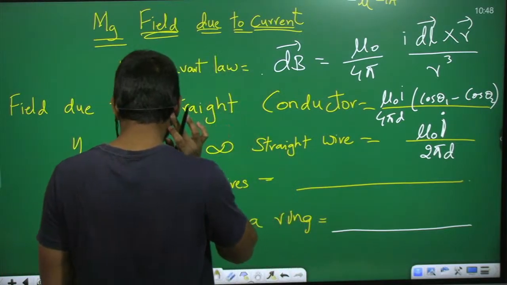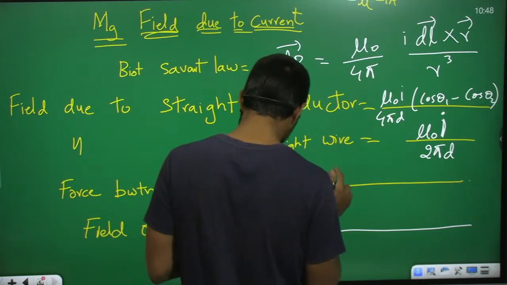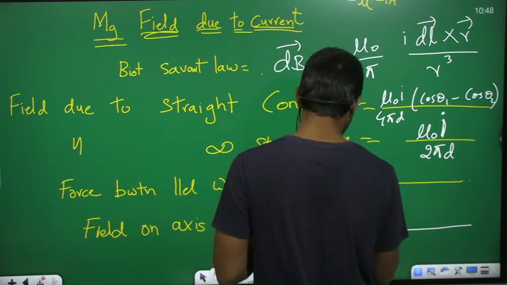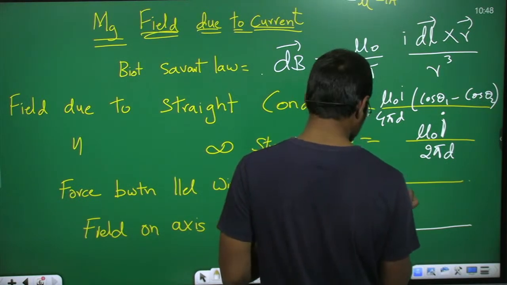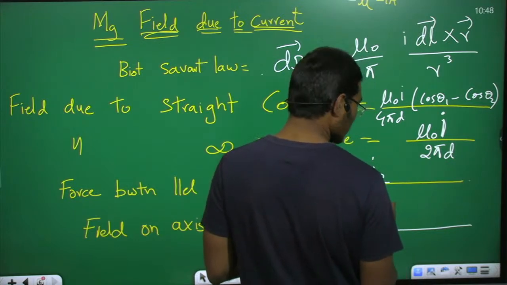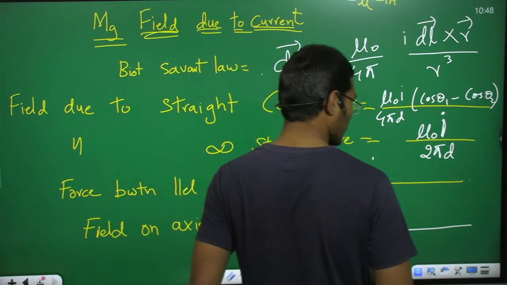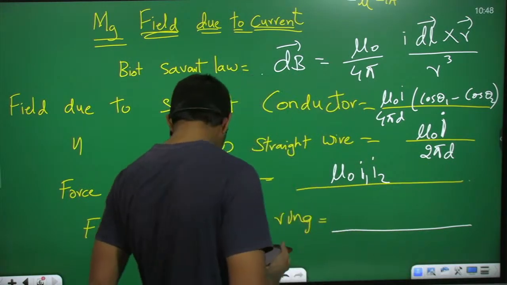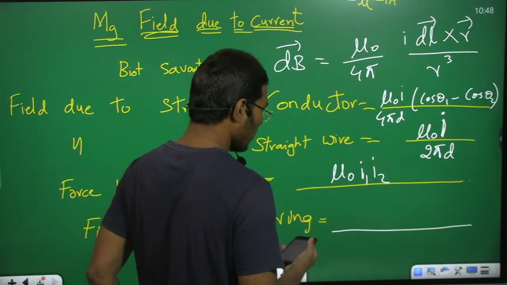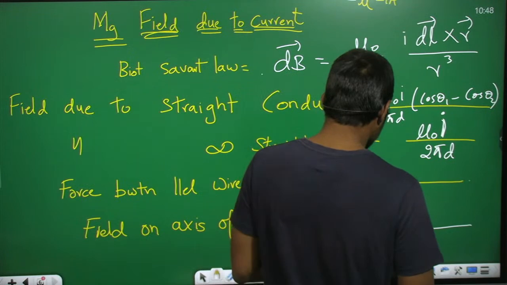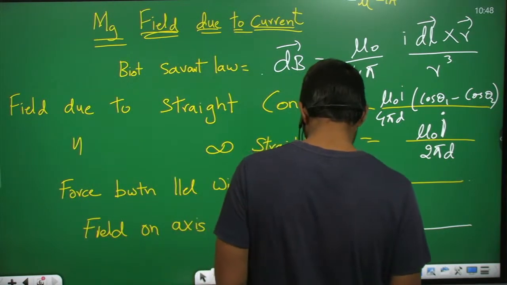So what is the force between parallel wires? Mu naught I1 I2 by 2 pi d.